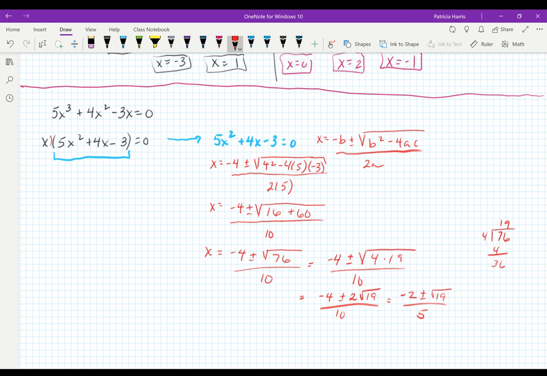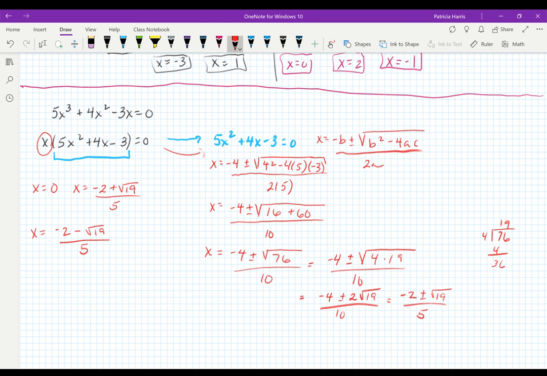So remember, if we go back here, we know that x is equal to 0. Okay, don't forget your x. Then from our quadratic, which we brought over here and used the quadratic formula, we actually got our 2 remaining answers of negative 2 plus the square root of 19 all over 5, and then x is equal to negative 2 minus the square root of 19 all over 5.